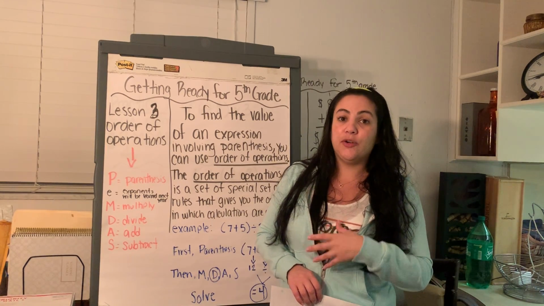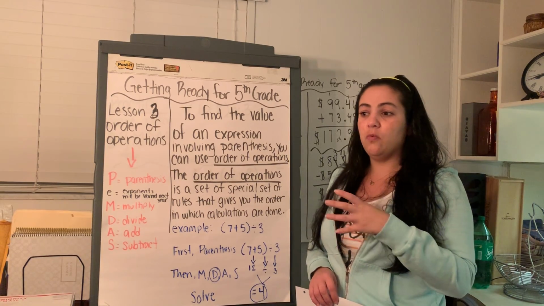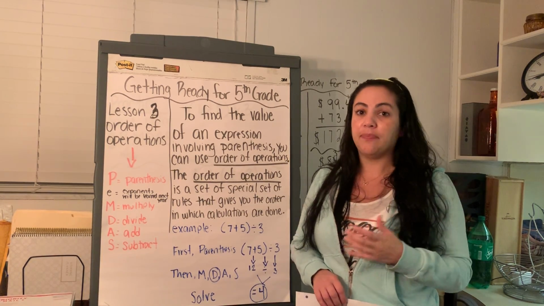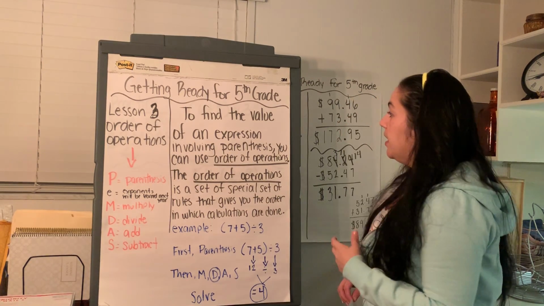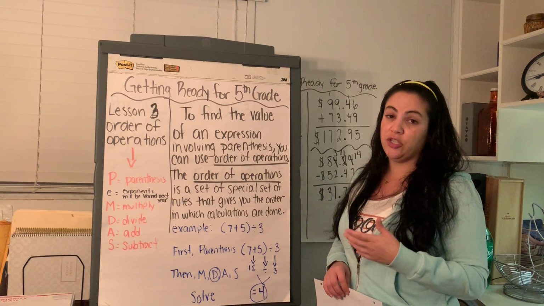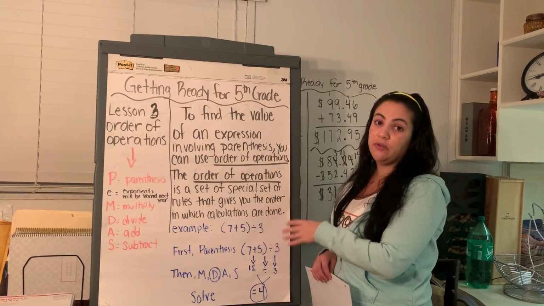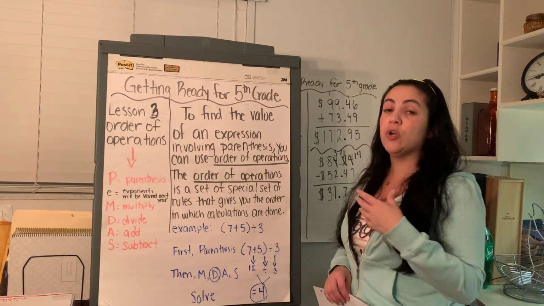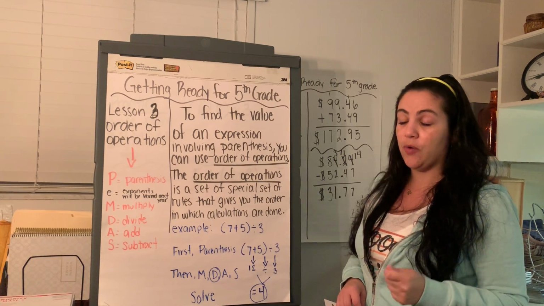The lesson that we did earlier in the year was much simpler than what we're going to be working with today. So to begin with, an order of operations is when you're given an expression where you have more than one calculation to do. There is a set of very special rules that you need to follow in order to come to the correct conclusion and solve the expression correctly.